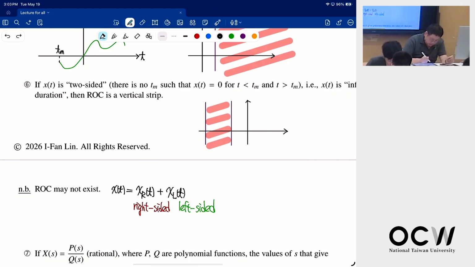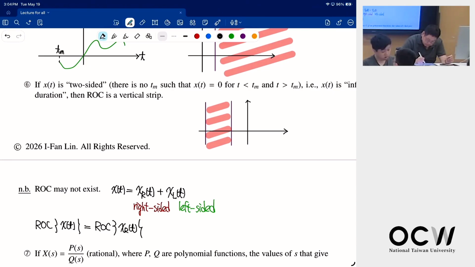The region of convergence is the region of convergence of the right-sided signal intersect the left-sided signal.